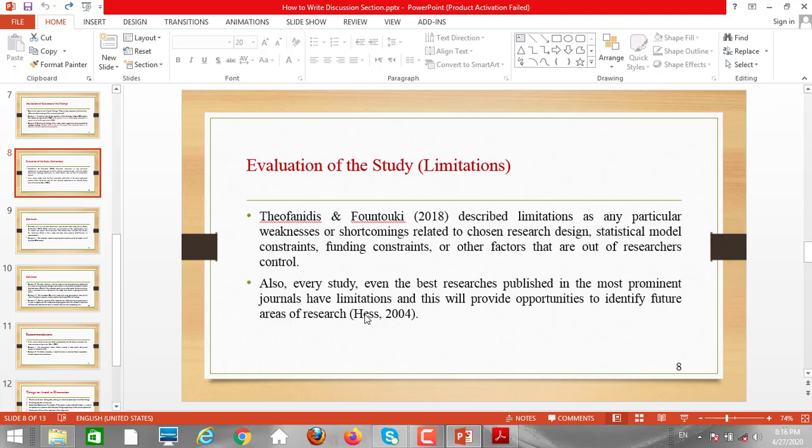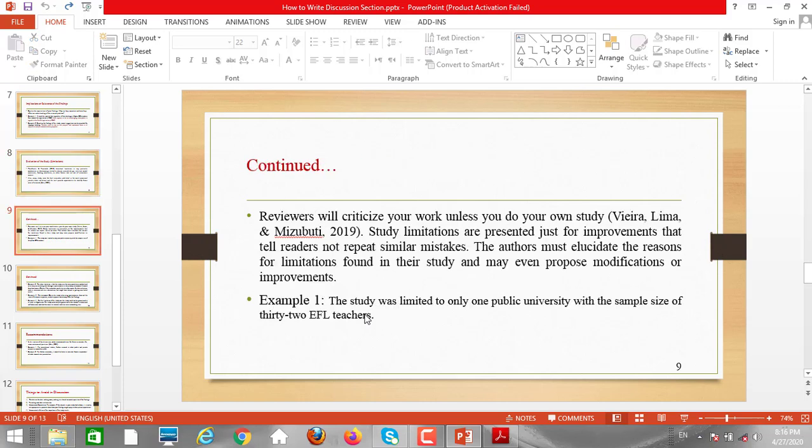In fact, even the best research published in privileged journals contains these limitations, and this can also provide the opportunity for the researcher to recommend some future research.